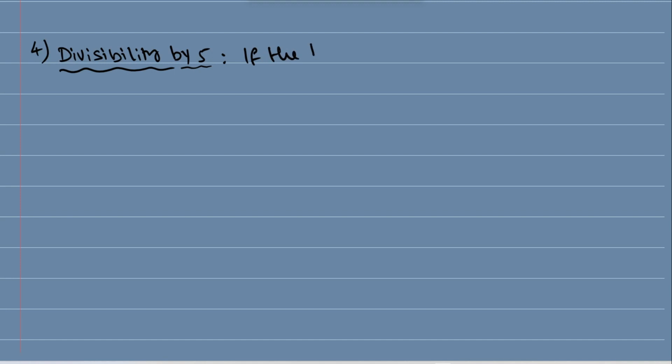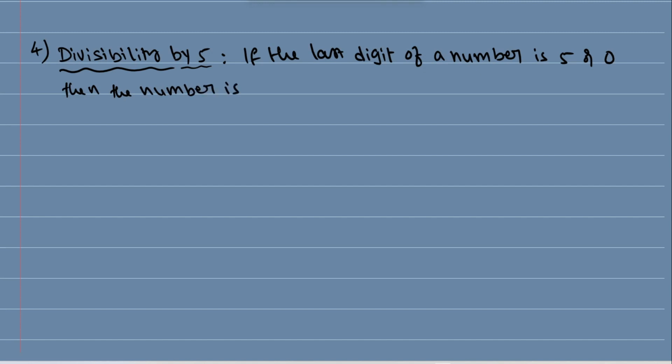If the last digit of a number is 5 or 0, then the number is divisible by 5.